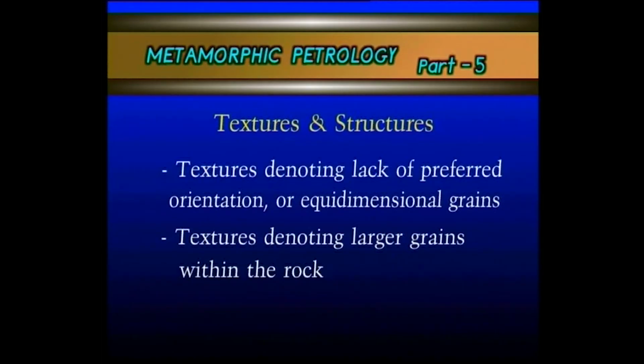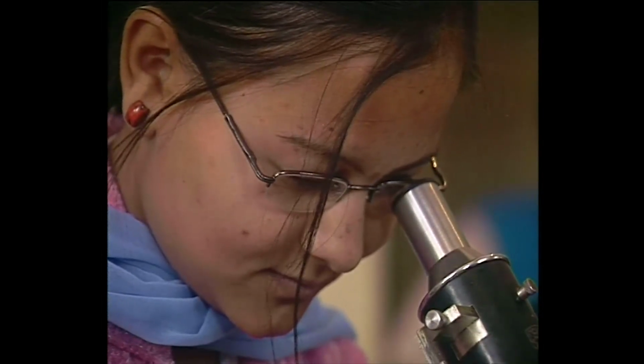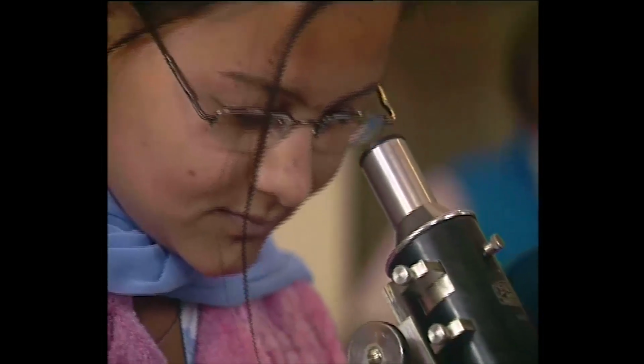Normally, if suppose you will see the different rock types as well as the textures and structures, particularly in this category, normally we can see the hornfelsic textures as well as the granulose structures.